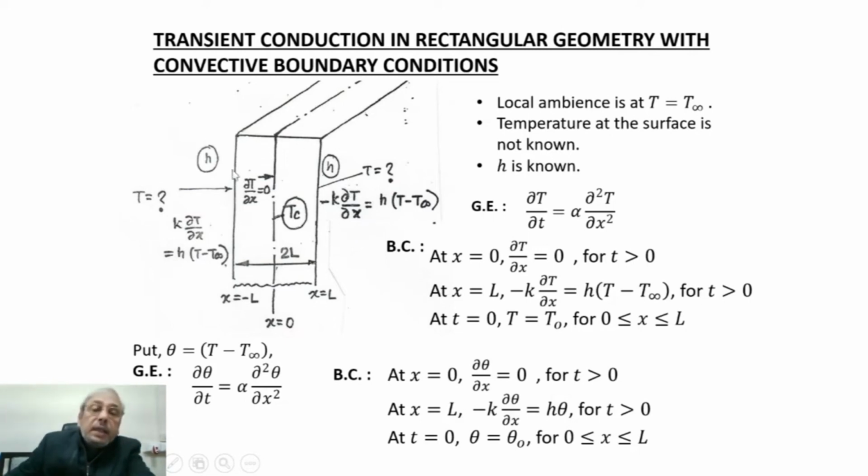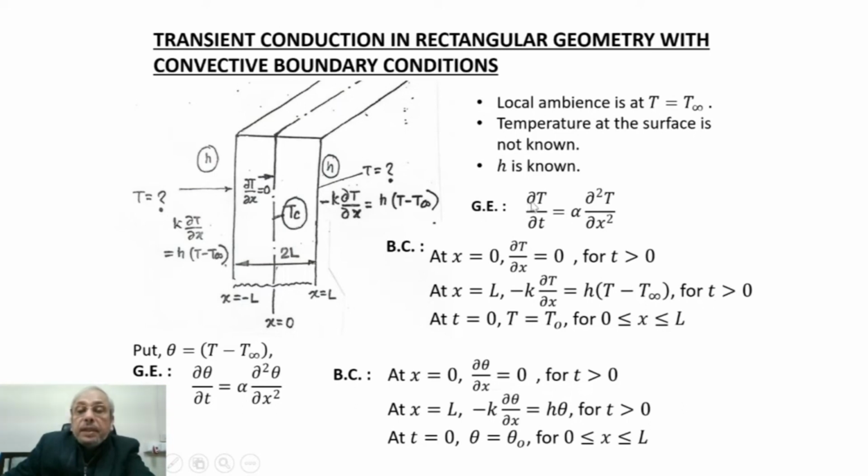The initial temperature of the slab is higher than the ambient temperature, rather, much higher. It is being cooled. Now, the governing equation is the one-dimensional unsteady state conduction equation.